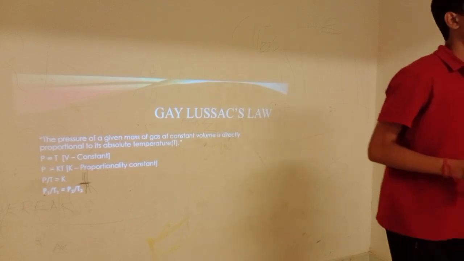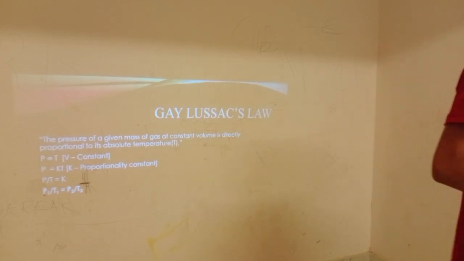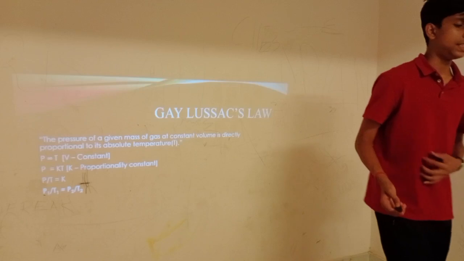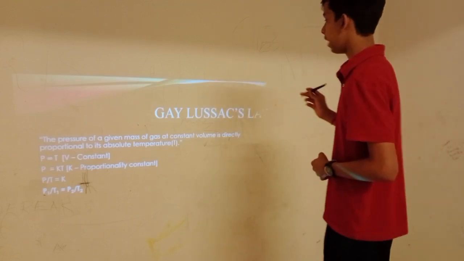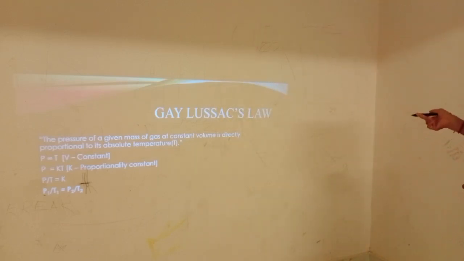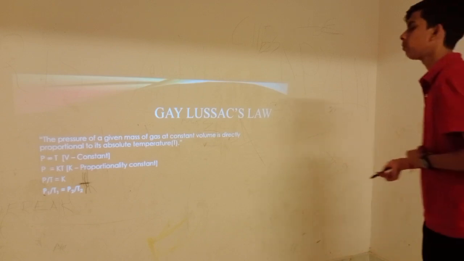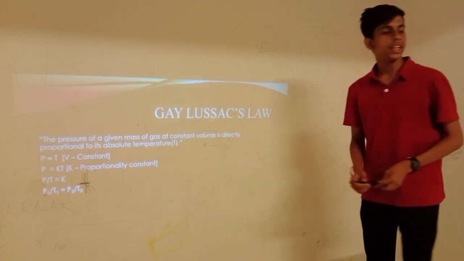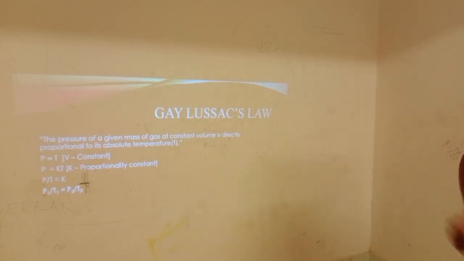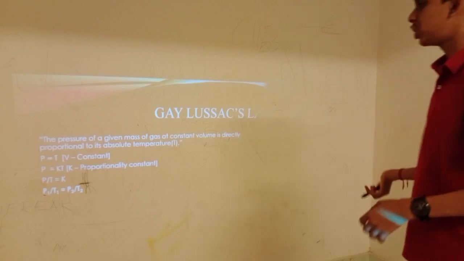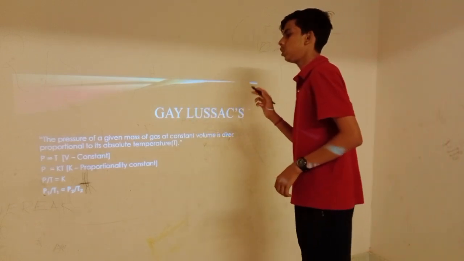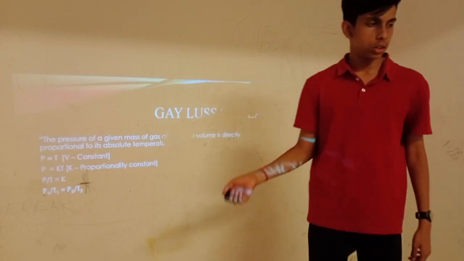Now, the third one we want to touch upon is Gay-Lussac's law. The verbatim of Gay-Lussac's law is that the pressure of a given mass of gas at constant volume is directly proportional to its absolute temperature. So from the law we can derive that P is directly proportional to T. That means pressure is directly proportional to temperature when the volume is constant.